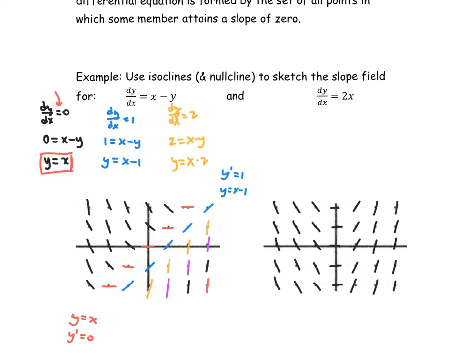Okay, let me show you a couple tips and tricks here. You can see slopes of 0, 1, 2, 3, 4, 5. So back here would be -1, -2, -3, -4, -5 along those isoclines. Now the isoclines for dy dx equals 2x. If x equals 0, the slope equals 0. Therefore, along the vertical line x equals 0, slopes are 0.